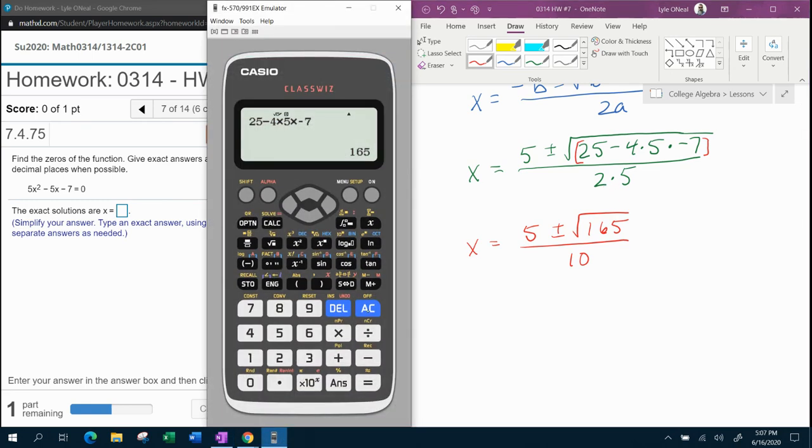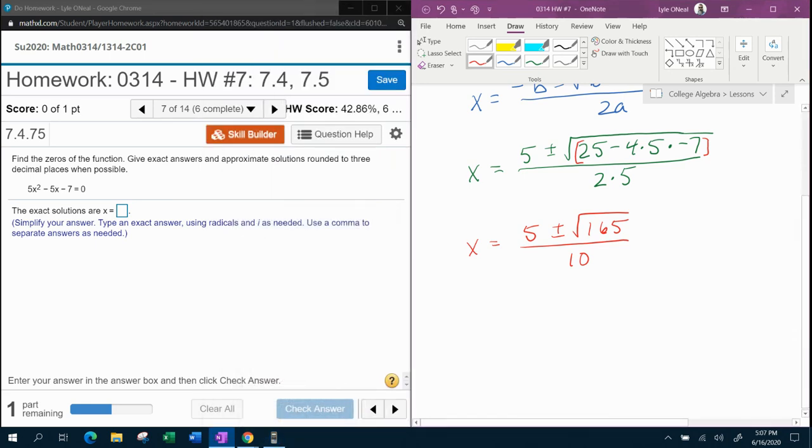Now we're going to check with the calculator to see if that square root will simplify. So 165, nope. Remember, the Casio Class Wiz will reduce that radical for you if it can be reduced, and it cannot. That means this is the final answer in simplest radical form.